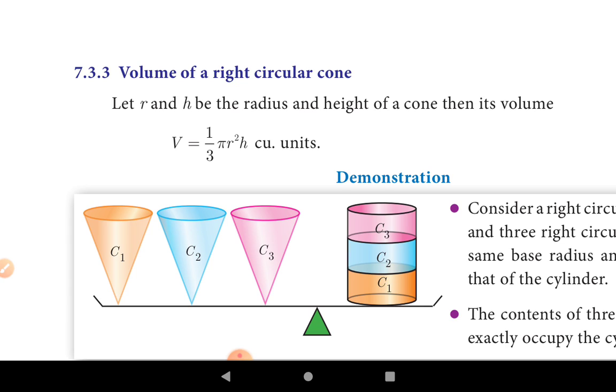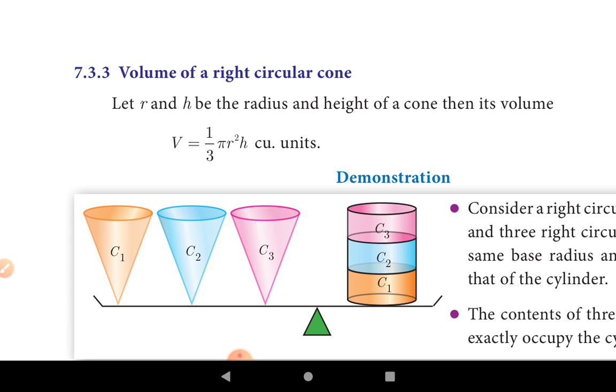We know the formula to find the volume of the cylinder is pi r square h, right? Just assume that I have a right circular cylinder of radius 5 centimeter, and on the other hand I have a cone of the same radius, 5 centimeter.